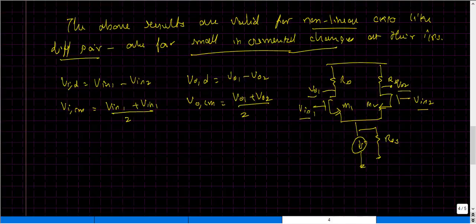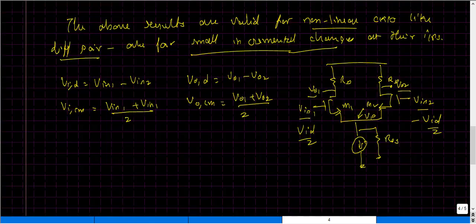Which means that this particular point, which is termed node VP, actually goes to ground when I apply an anti-symmetric input.